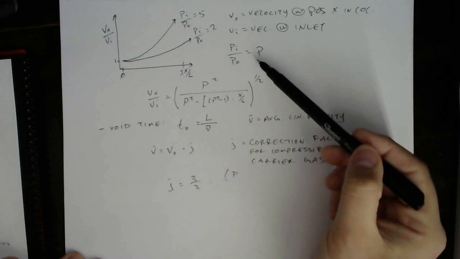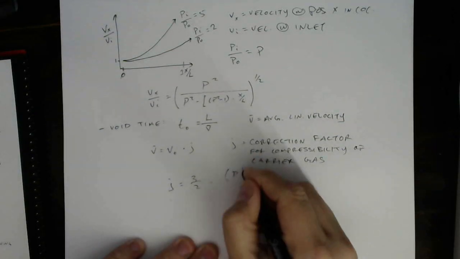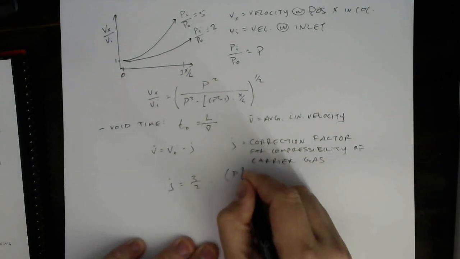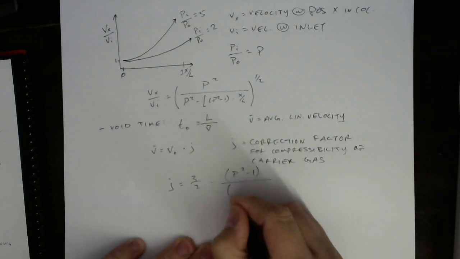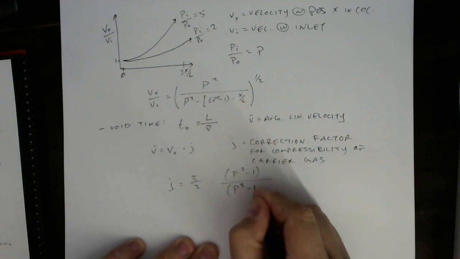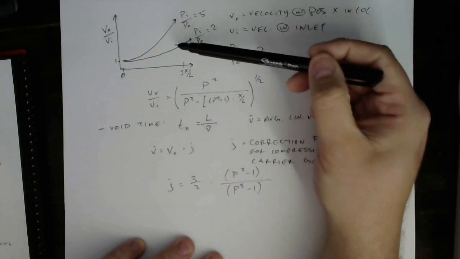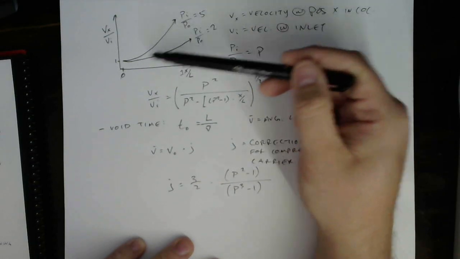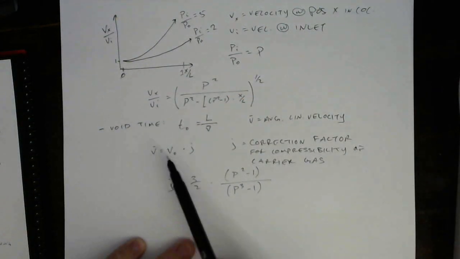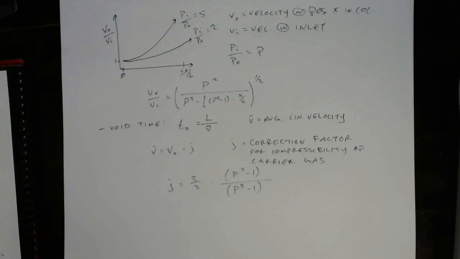That's our Pi over P0, pressure term squared, minus 1, over that pressure term cubed minus 1. All right, a fairly straightforward algebraic relationship that's going to essentially average this nonlinear velocity to give us an average velocity that happens on the column.